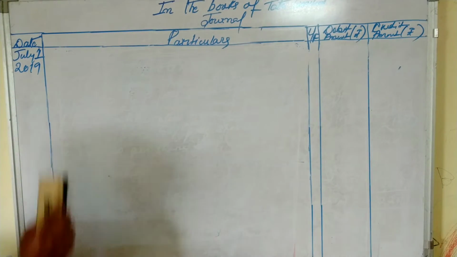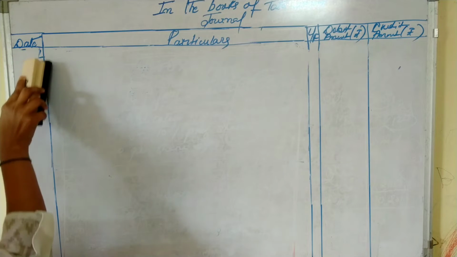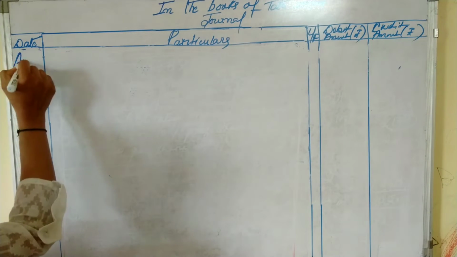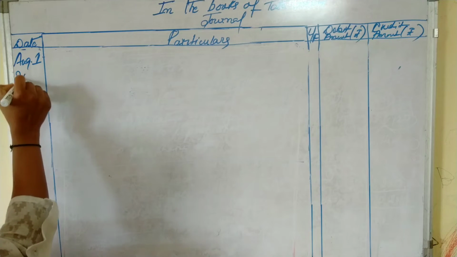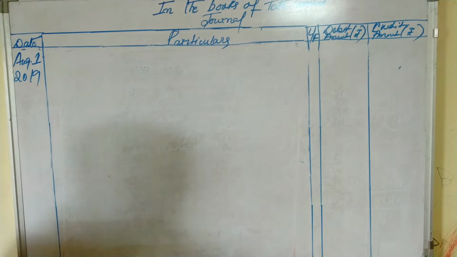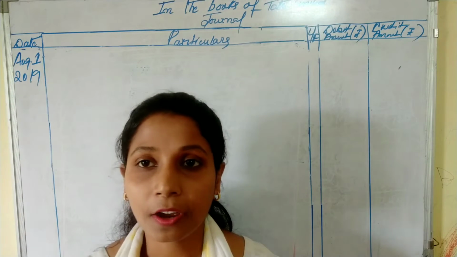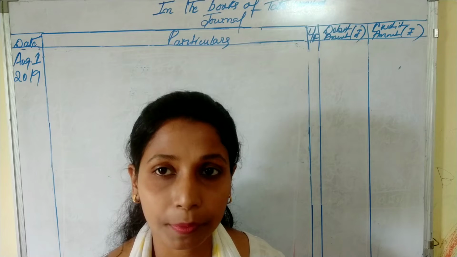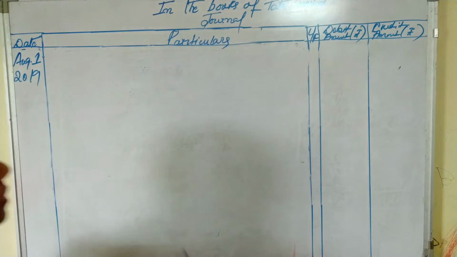So here the date will be changed. The date, now the date is August 1, 2019. So we will transfer the application money to the application account.